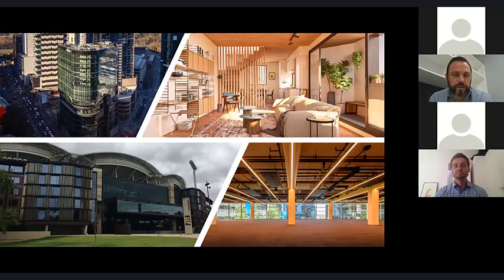What you can see on the screen there, more notably top left-hand corner, is 55 South, which both myself and Nathan worked on, and the other hotel is the Adelaide Oval Hotel, which I wasn't involved in, but Nathan was. But we will reference these throughout the presentation.